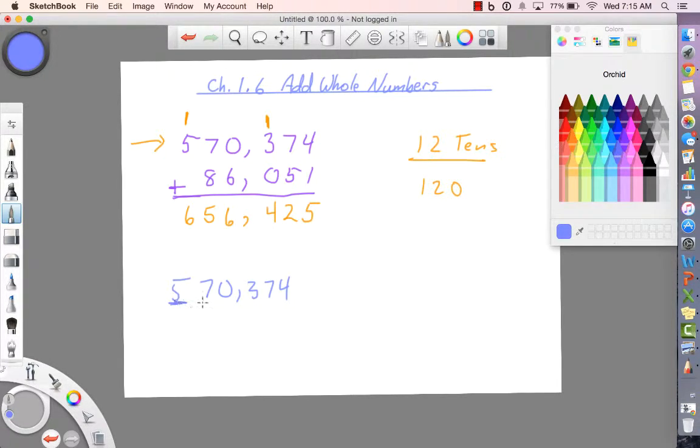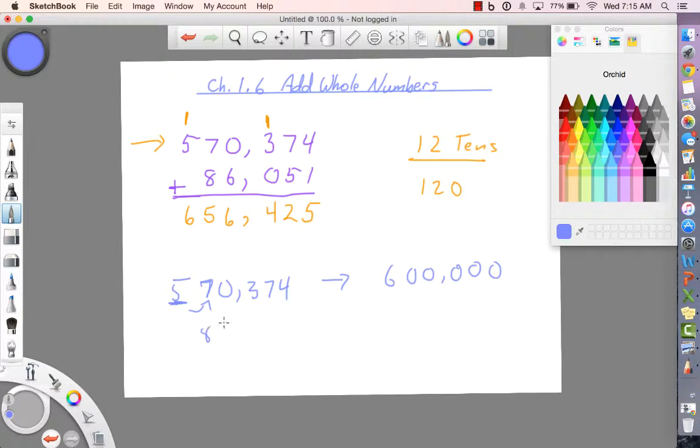So I underline that, which means I look over here at the 7. I'm always going to look at the next number over and say, that's 5 or bigger. So we're going to round up to 600,000. The 5 is either going to stay a 5 or become a 6, and everything else is going to become zeros. But it all depends on this second number, the 7, whether this 5 becomes a 6 or stays a 5.